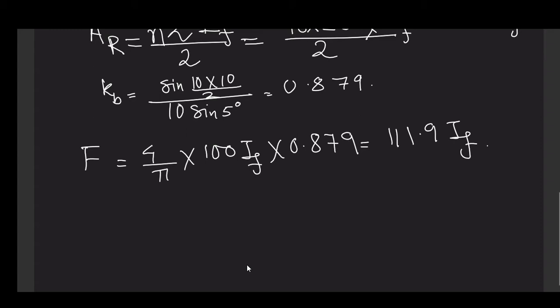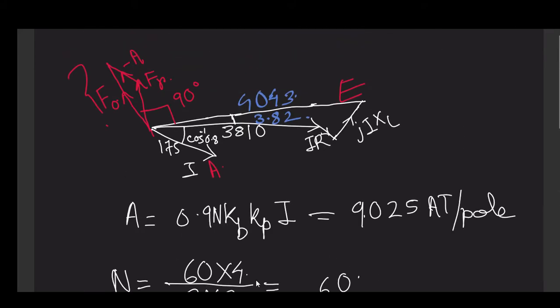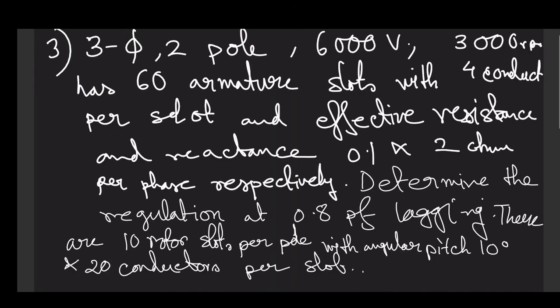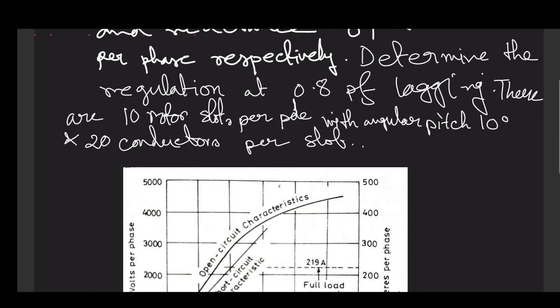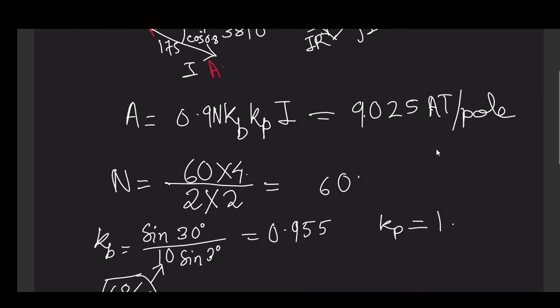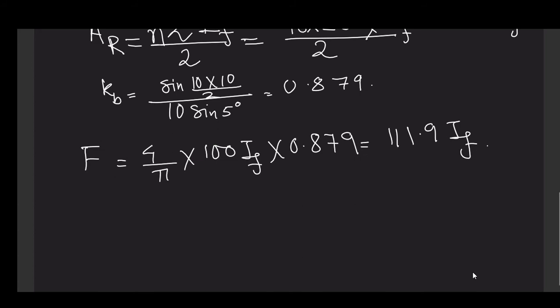Now see the process. What was your armature MMF? The armature MMF I calculated was 9025 ampere turn per pole. From this we will get the value of IF, because one is in terms of IF and another is this much.